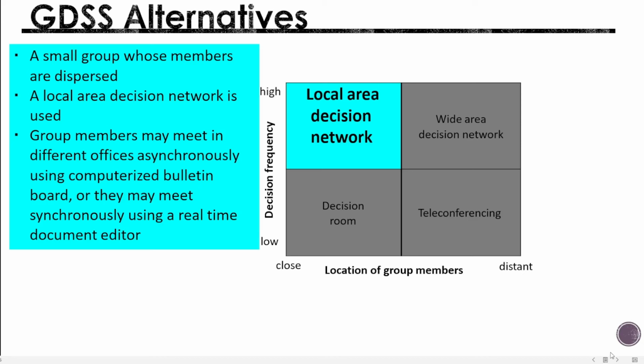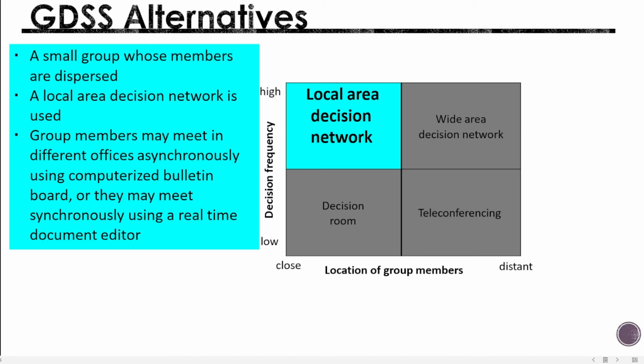Next is yung local area decision network. Ito naman ang characteristic niya is there is high decision frequency and there is close location of group members because this involves decision-making system that function within a local area like a specific building or campus.